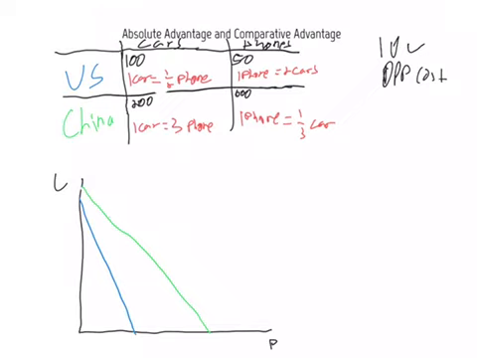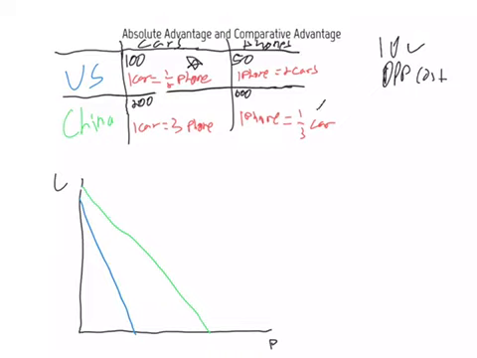The opportunity cost for the US for cars is 1 car equals half a phone, and for China, 1 car equals 3 phones. So the United States has the lower opportunity cost, which we will label with the star. For phones, the US makes 1 phone for every 2 cars, and China makes 1 phone for every 1/3 of a car. The opportunity cost is lower for China for phones.